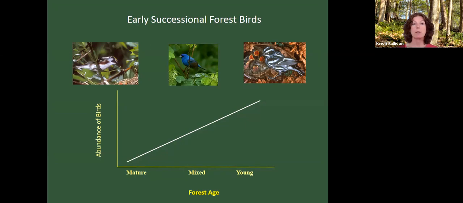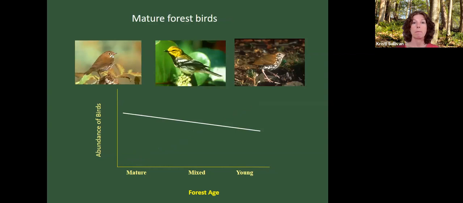And basically for this group as a whole, and it varies by the individual species, these birds tend to be more abundant in young forests. And that's what the slide's showing here. So fewer in mature forests, some in mixed age forests, and then most abundant in young forests.